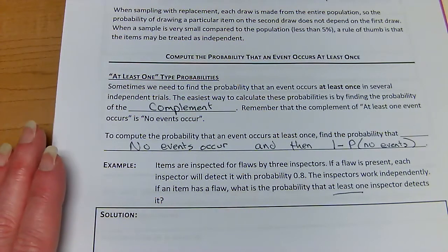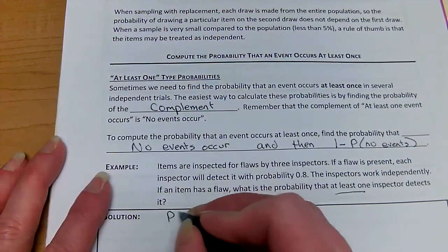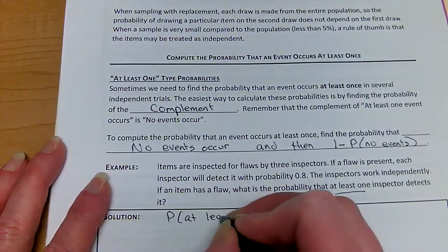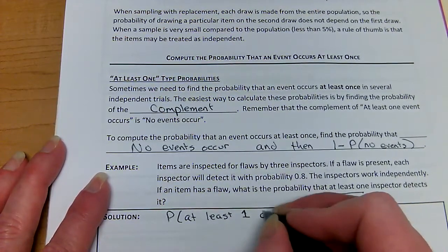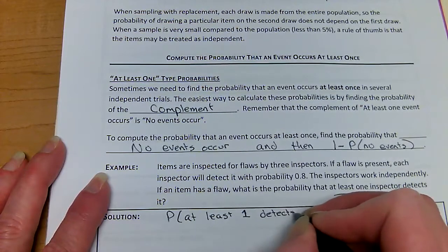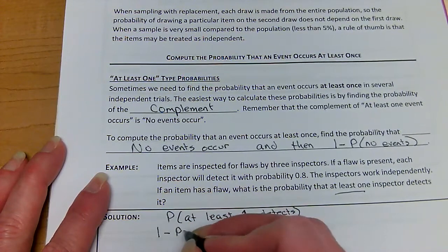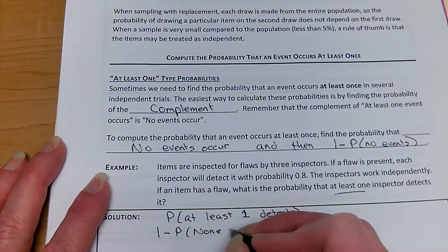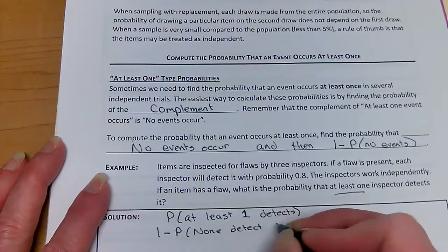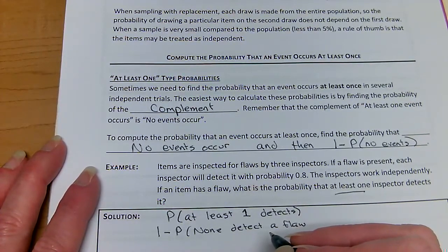If at least one inspector detects it, the probability of at least one detects would be technically 1 minus the probability that none detect a flaw. So they fail to detect the flaw.